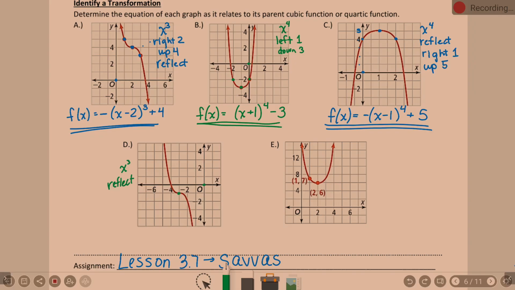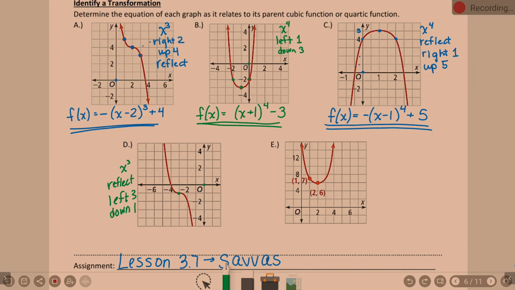Where did it move? If it started at 0, 0, note where that center point is, and it moved. Left 3, down 1.